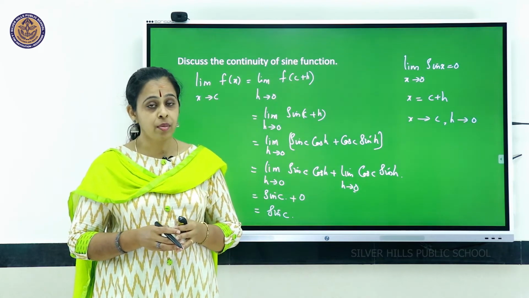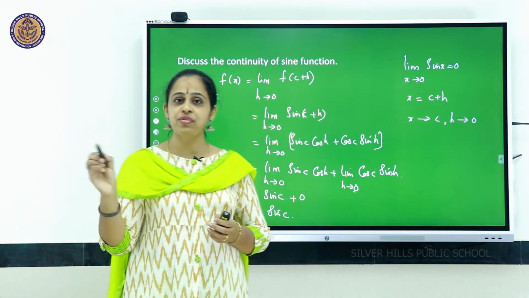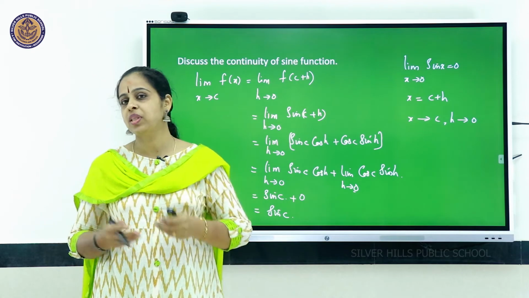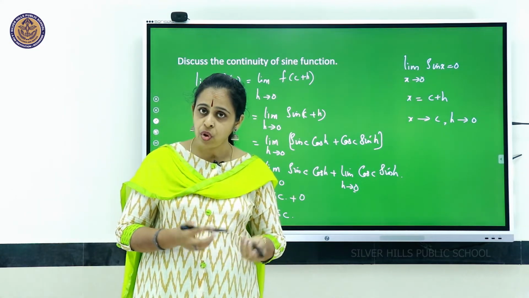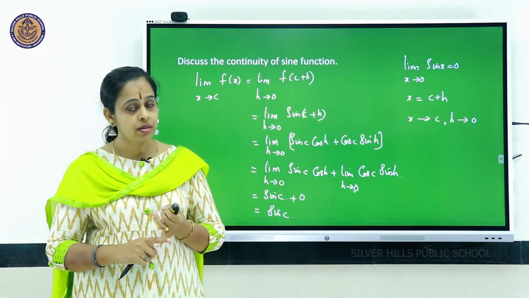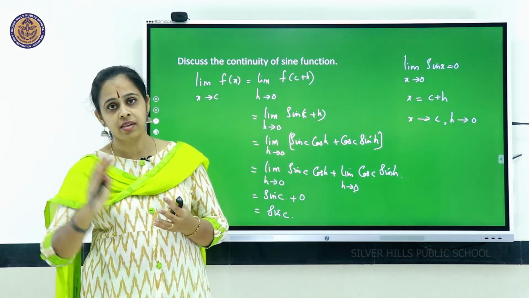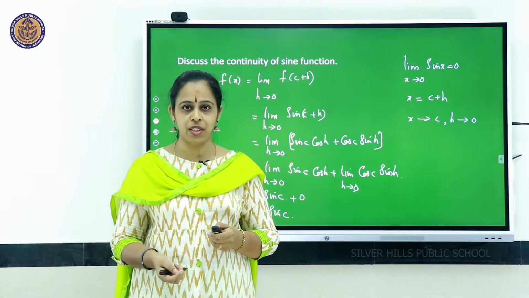And you can recollect that in class 11 you studied the graph of the sine function, like waves it is moving, it is continuous without a break. Keeping this in mind, you can prove cosec x is continuous, cos x is continuous, tan, cot, sec. That means all trigonometric functions are continuous.